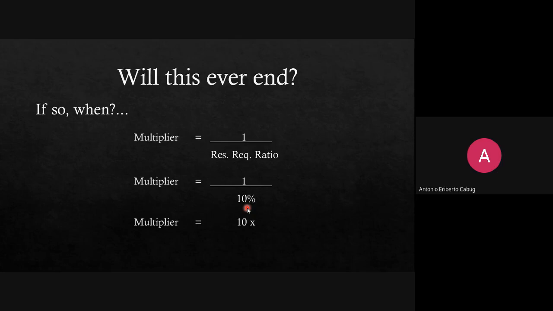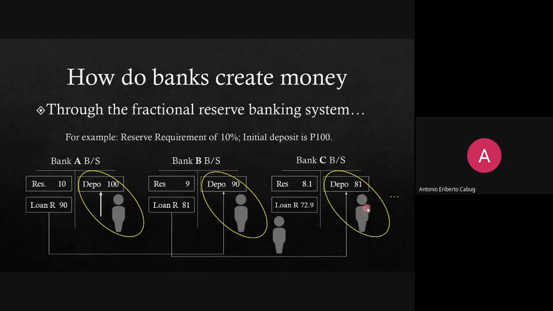So if a person would deposit money in the bank, assuming the reserve requirement ratio is 10%, that money will become 10 times larger. Okay? 10 times. Yung 100 magiging 1,000. So kung ituloy-tuloy nyo ito, this will end. At the end of this, you would be able to create a total of 1,000.